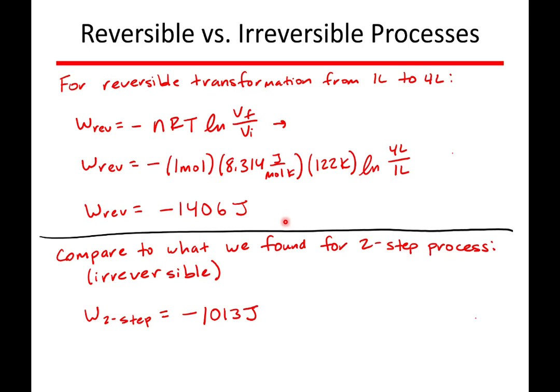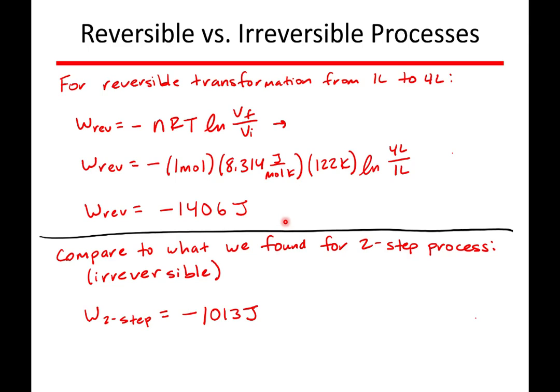You would have to make such small changes to the weight that's applied that the process would literally take forever. And so it is for that reason that you cannot actually do this expansion process for real in a lab.